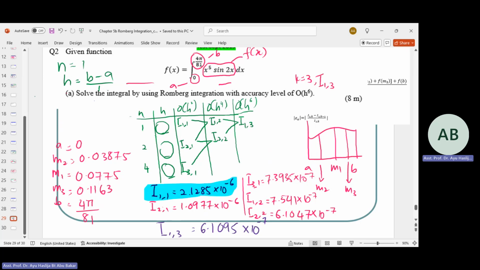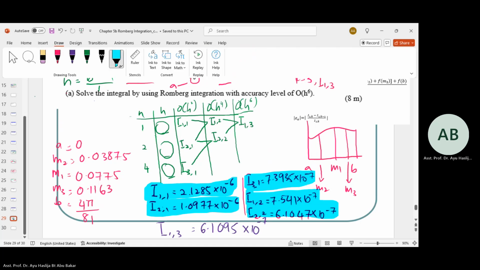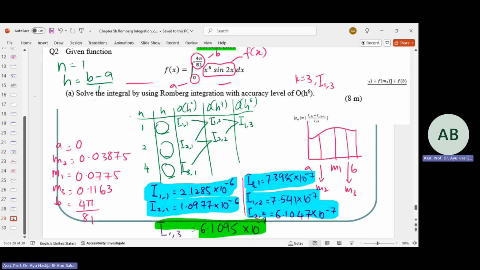Okay, so these are the I values. Final answer is this I13.